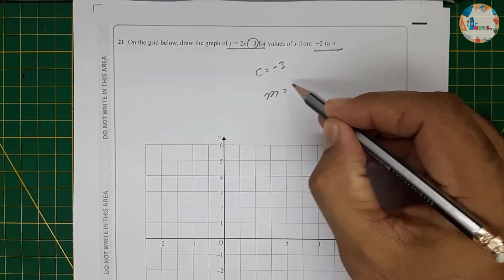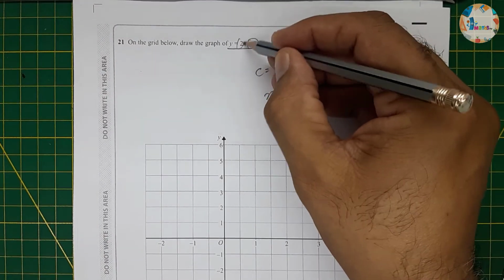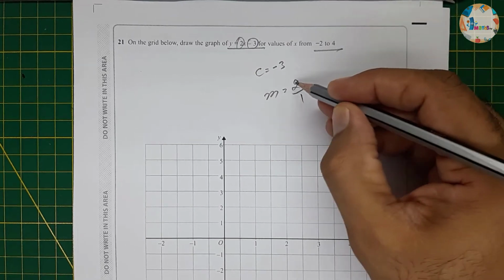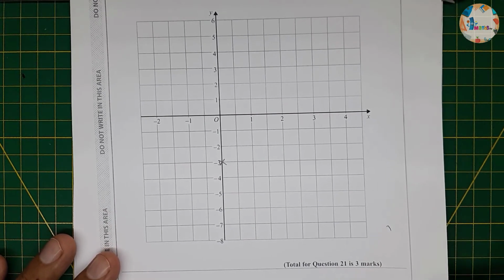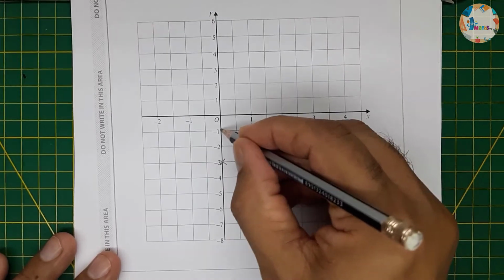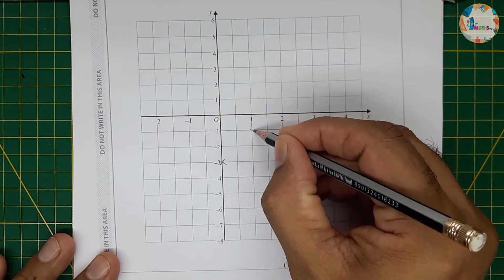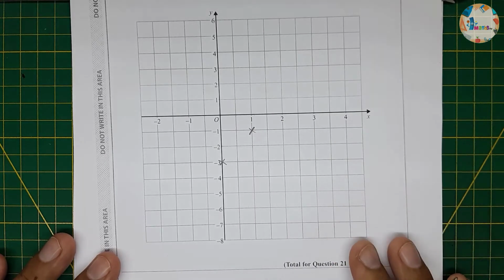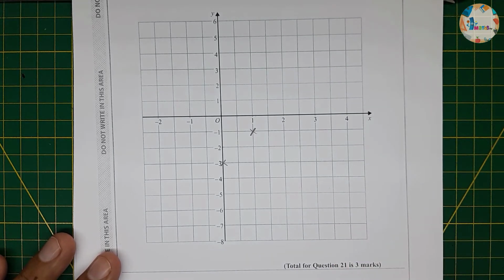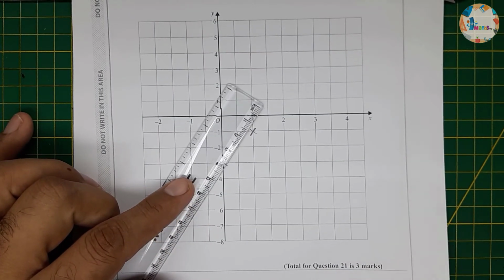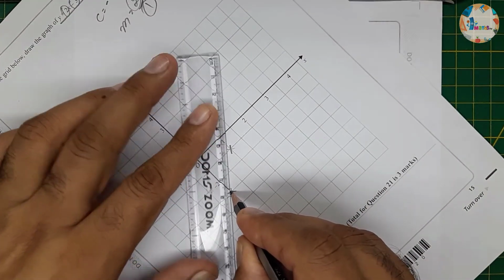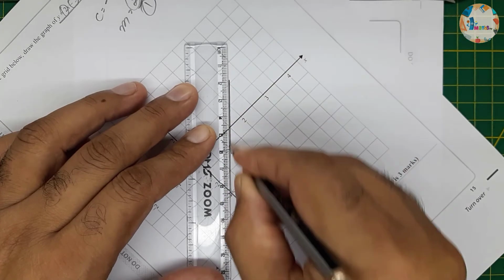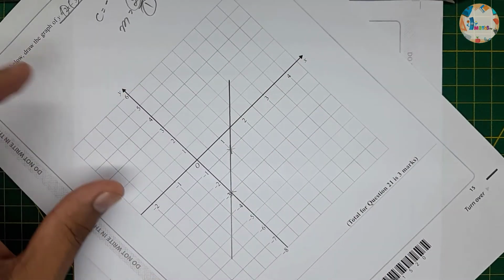So m value is equal to 2, so 2 over 1, so rise is 2 and run is 1. So from here we can count 1, 2 and 1 unit to this side. So this will be our second point, and we can join these 2 points, and we can move the page. So this will be our line, which we can draw like this one.